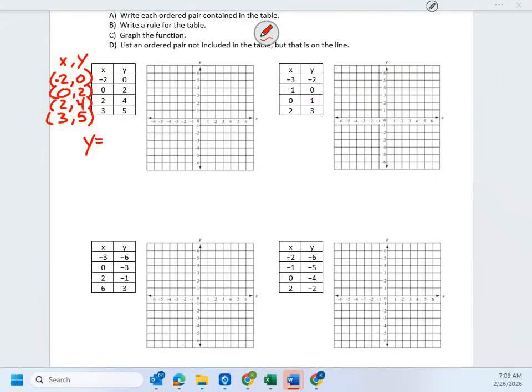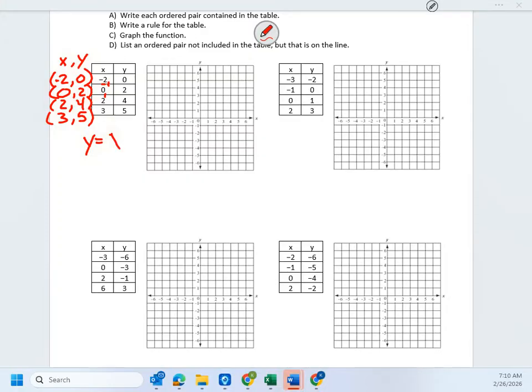Remember when we talked about those rules, the output is always y equals. That's how we set up the rule. So y equals, what are we doing to the x to get our numbers on the side? I like to look to see how they are increasing. There's no -1 listed, and no 1 listed, so it's not an exact pattern I can follow from 0 to 2 to 4 to 5.